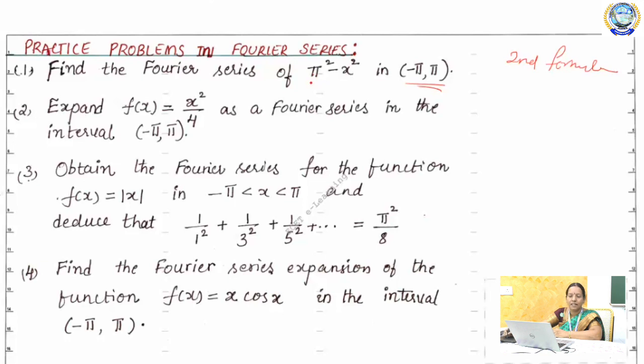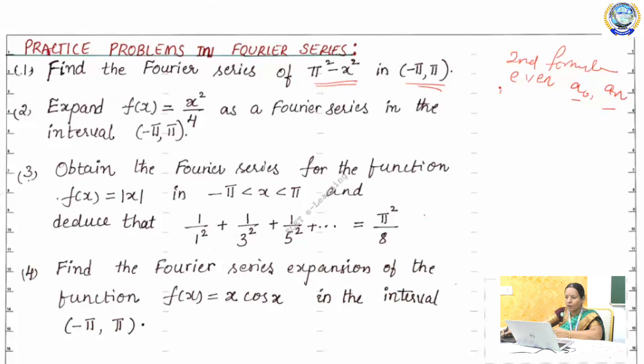Pi square minus x square is even or odd, just by replacing x with minus x. Yes, it is an even function.